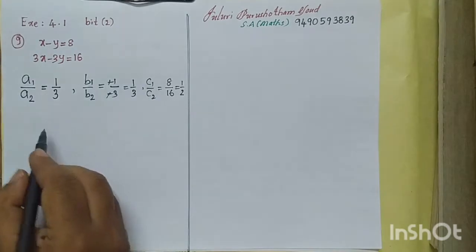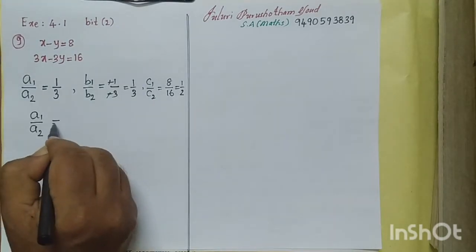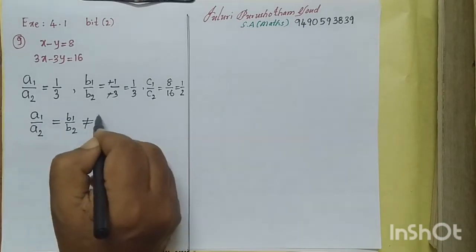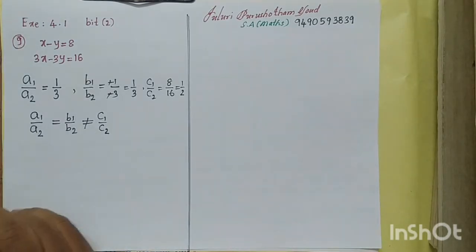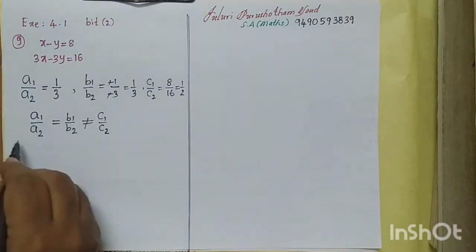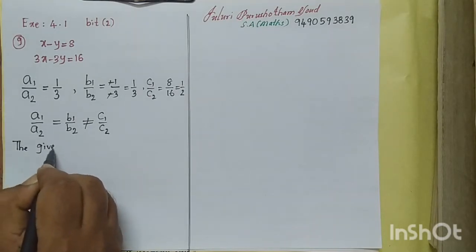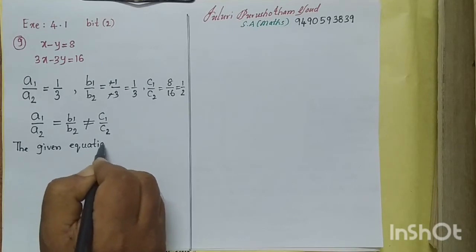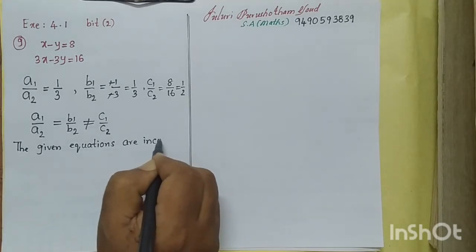So what happened here? a1 by a2 is equal to b1 by b2, but it is not equal to c1 by c2. So it follows the third condition. So the given equations are inconsistent equations.